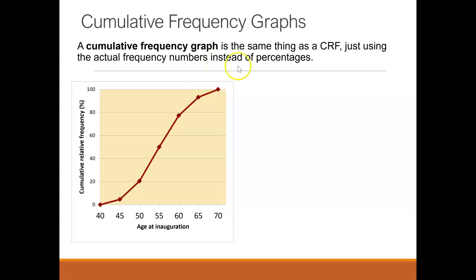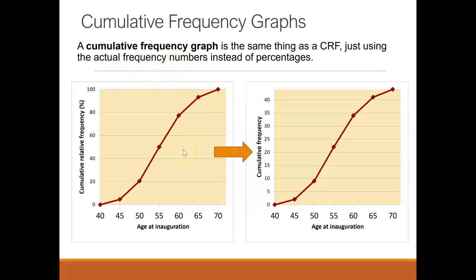So again, if I want to talk about a cumulative frequency graph, it's going to be almost the same thing as the cumulative relative frequency graph, but instead of using percentages, we're using the raw count number. So if I do the same cumulative frequency graph, I had 2 presidents, and I had 9, et cetera, and I end at 44, right?